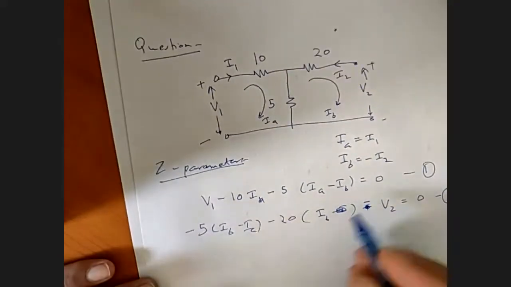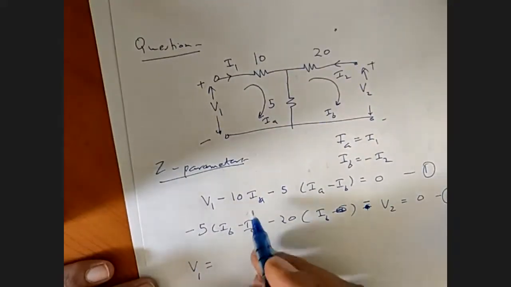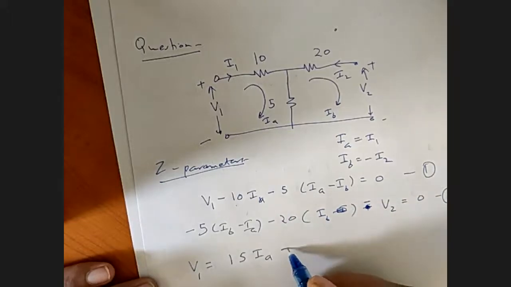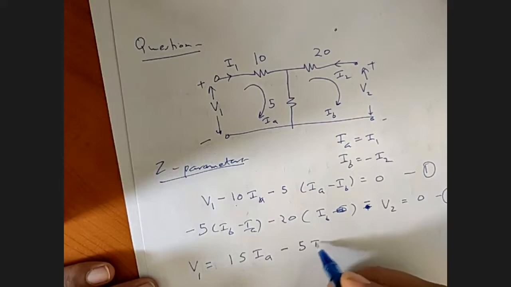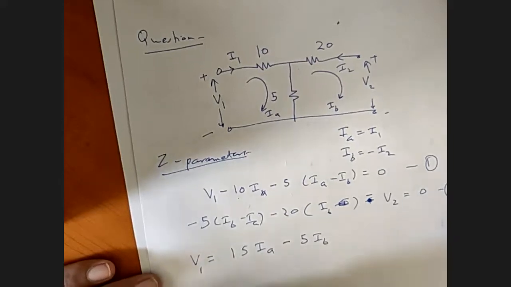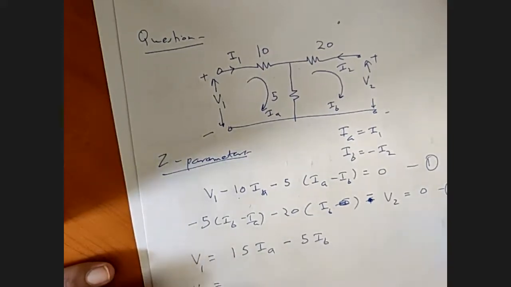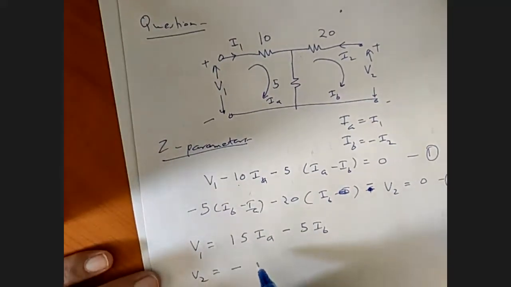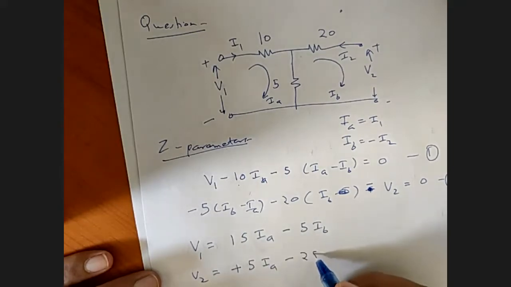So I will write first V1 equal to 15 IA minus 5 IB and V2 equal to plus 5 IA minus 25 IB.